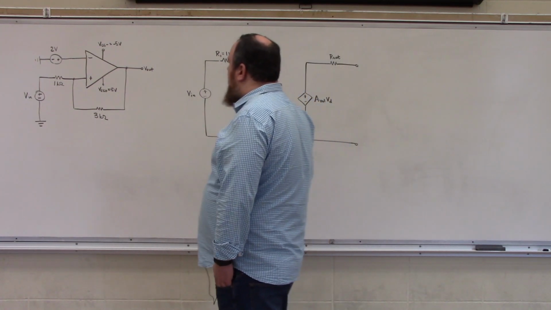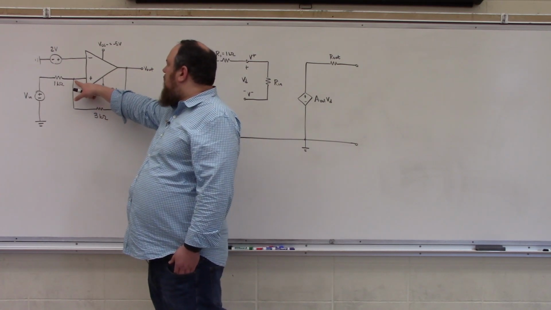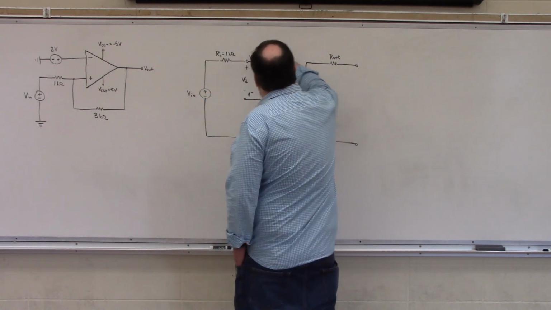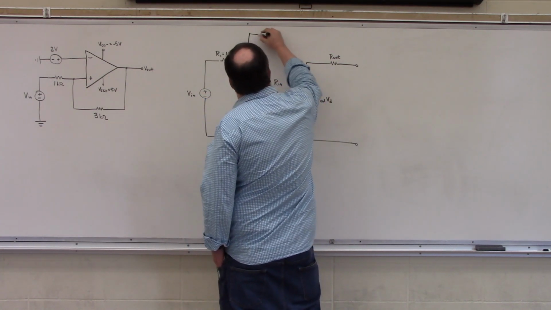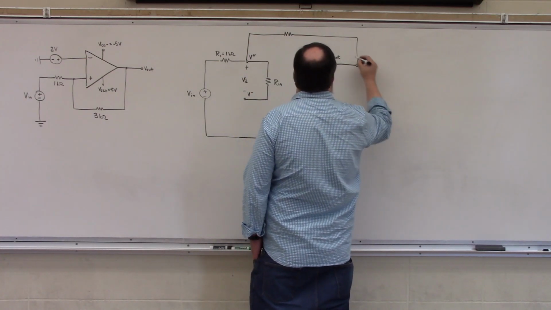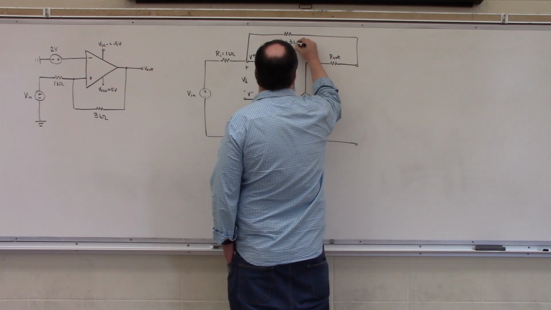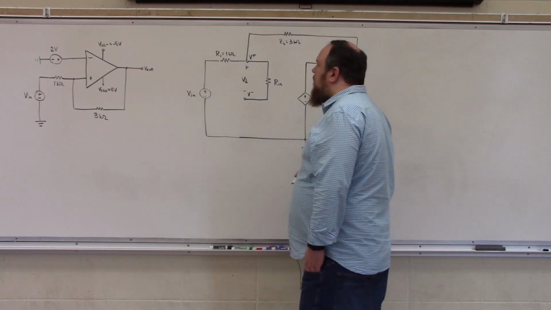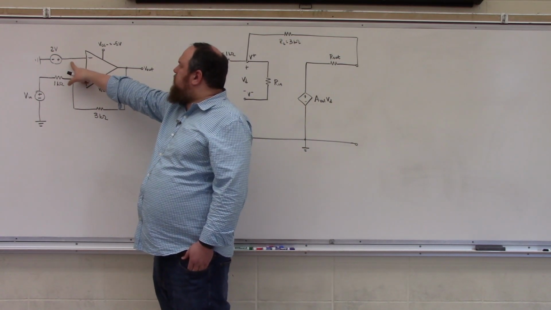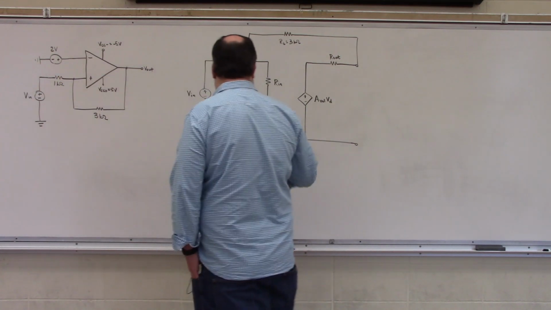We also have this feedback path from the non-inverting input terminal to the output with a 3 kilo ohm resistor. So I'm going to draw that up here. So here is R2, our 3 kilo ohm resistor. We have a voltage source of 2 volts that is connected between the inverting input terminal and ground.